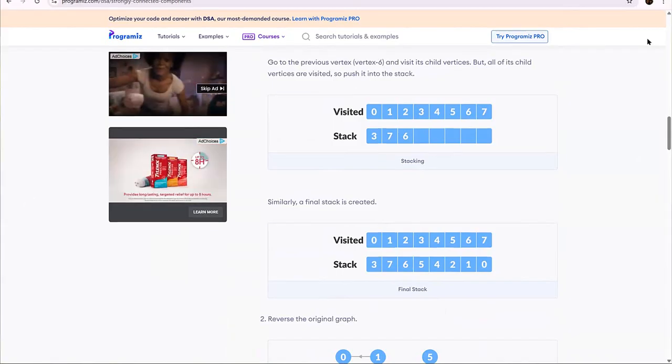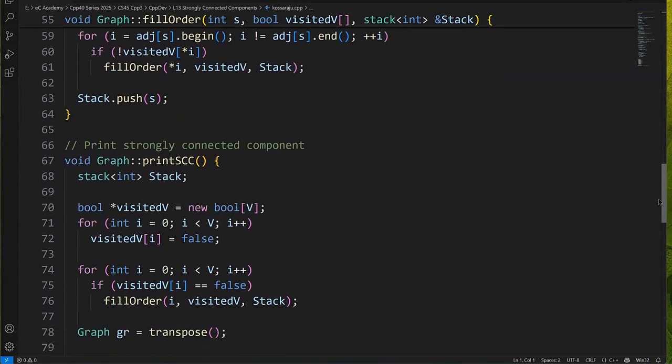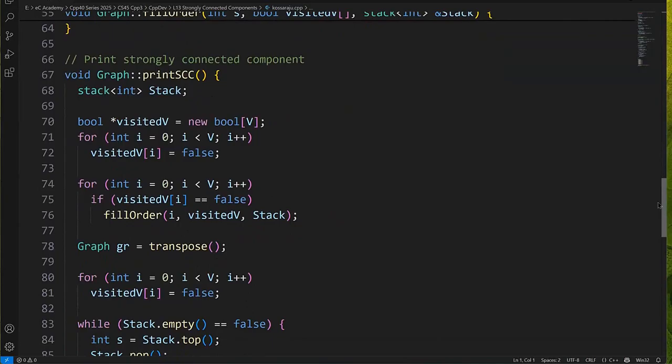Okay, and once you have that fill order being filled up, then you should be able to print the strongly connected components. You got your stack, and you have the validity information. You immediately set it to be false, and you go through every node in the fill order.